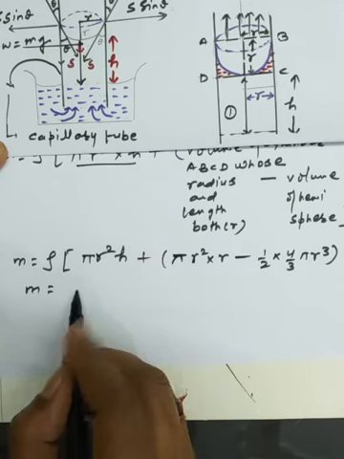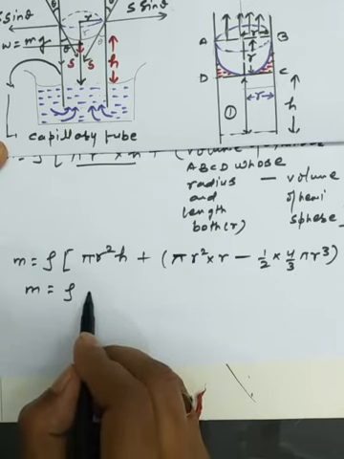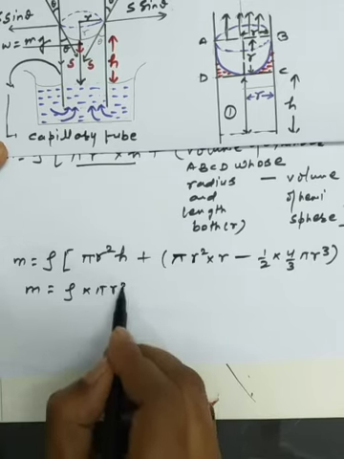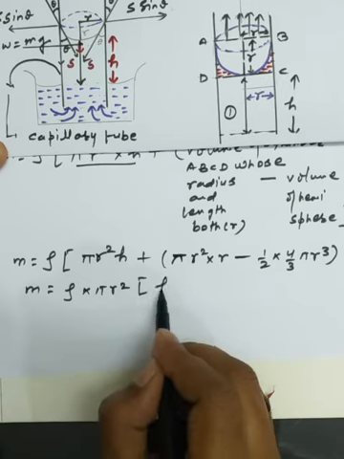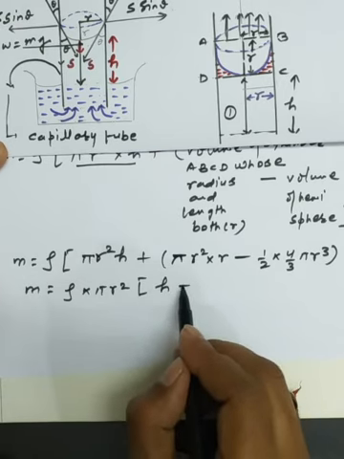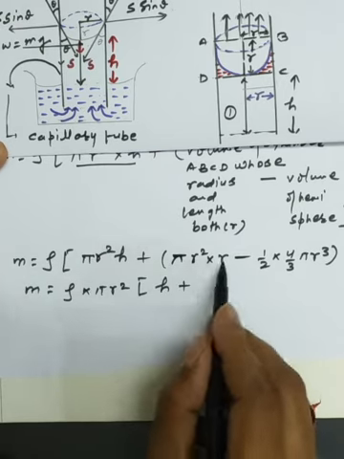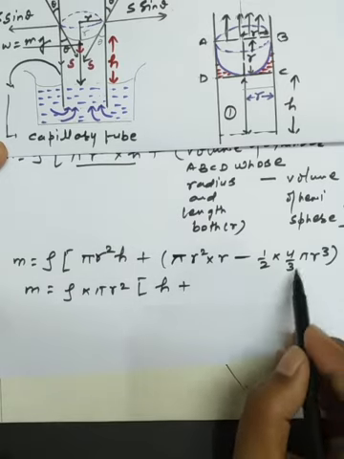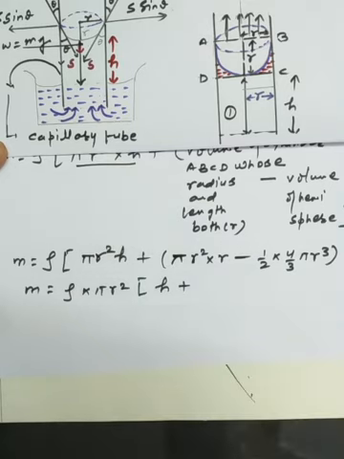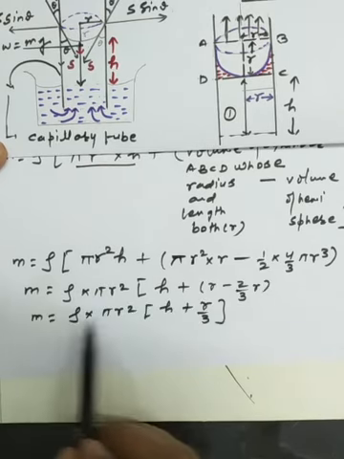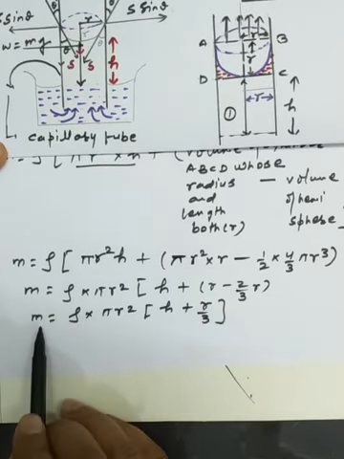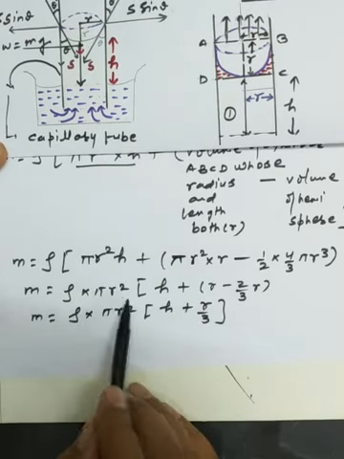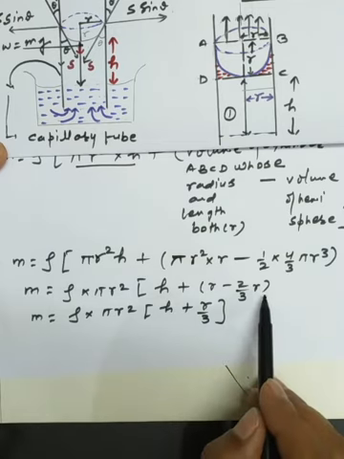It comes that rho into pi r square we can take common, and it comes h plus pi r square, and we make the simplest solution of that part. Now m is equal to rho pi r square times h plus r minus 2 by 3 of r.